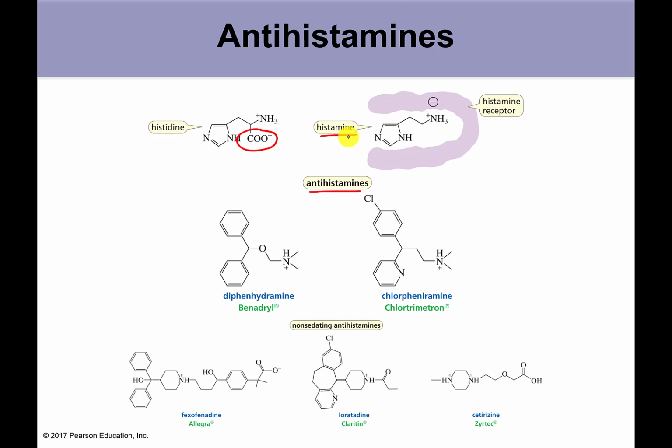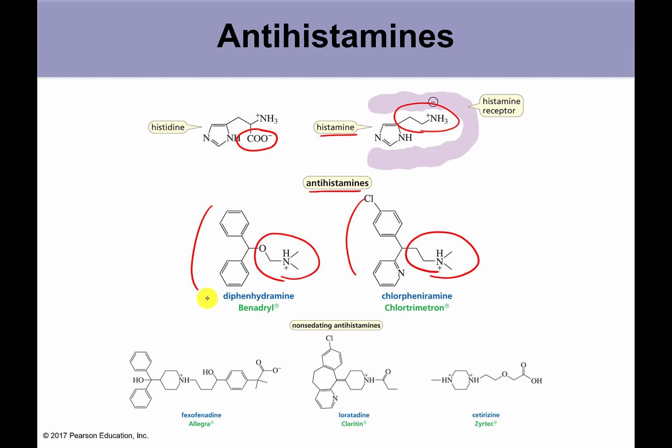And so the earlier compounds that were created, Benadryl and chlortrimeton, you can see clearly some of the features that are the same. This is meant to be like a tail that inserts into the receptor. But then the rest of the molecule is designed to block the action of the receptor and block any histamine from entering. The problem with these two drugs, even though they're effective, is that they also can cross the blood-brain barrier.